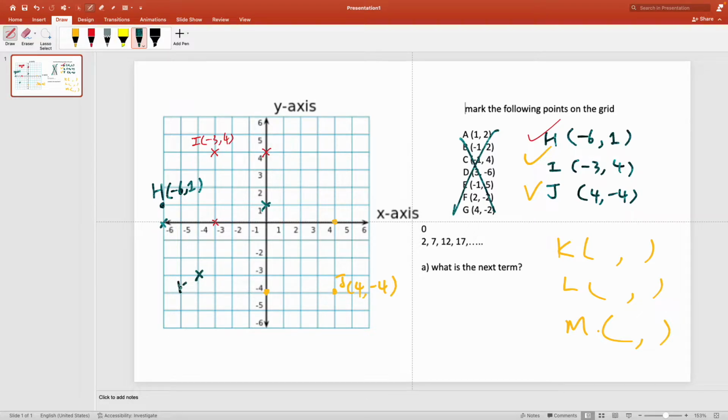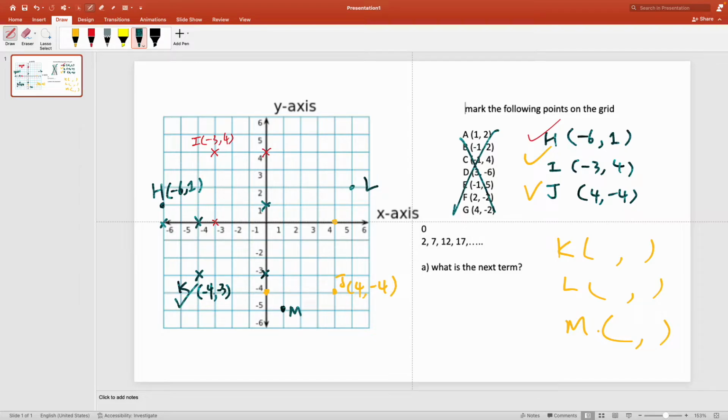This is your K. This is your L. And this is your M. Okay, tell me what's your K? How do you fill up? Negative. So you find the point first. Okay, good. Next. -3. Okay, so the point K is -4 first, and then -3.